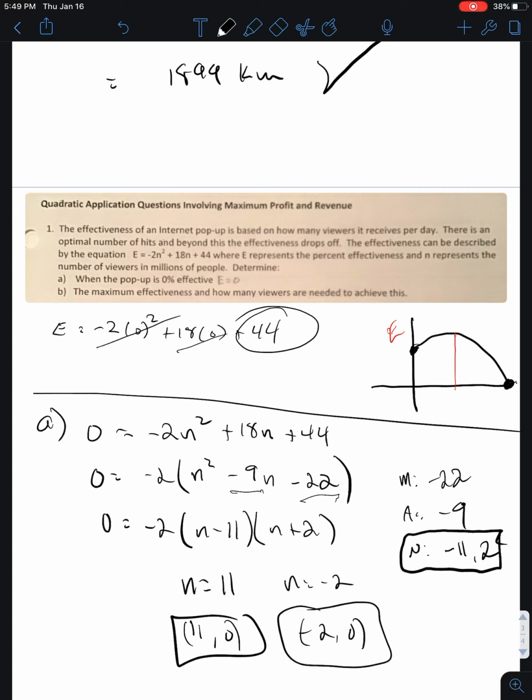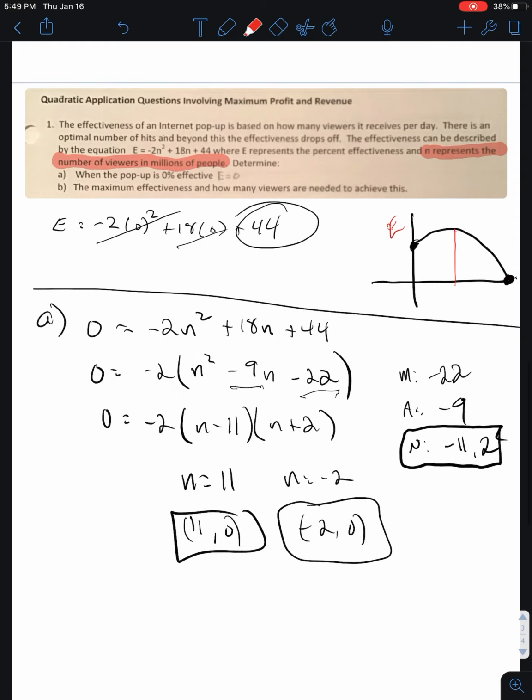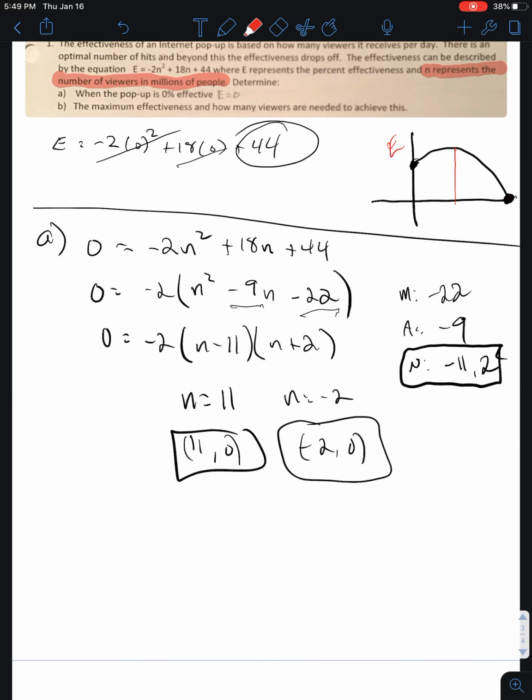So this question's asking me, n represents the number of viewers in millions of people. So therefore, the negative one doesn't make any sense. That doesn't mean anything, not useful for you.